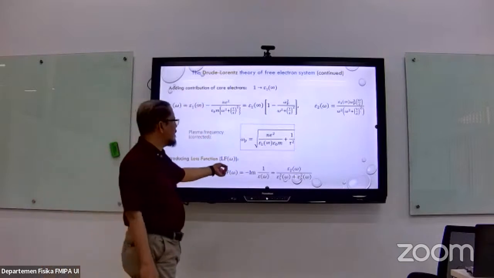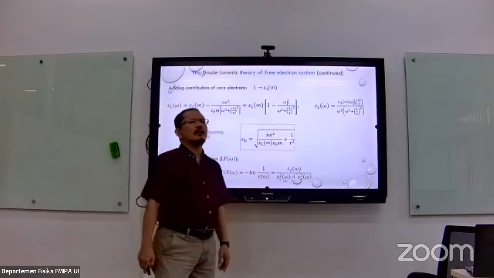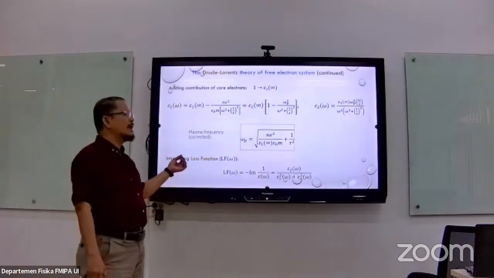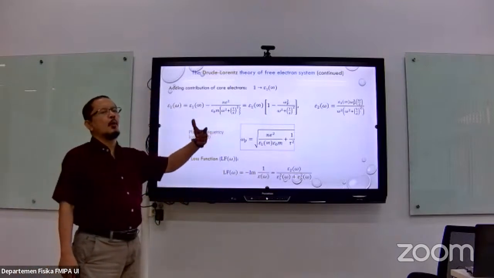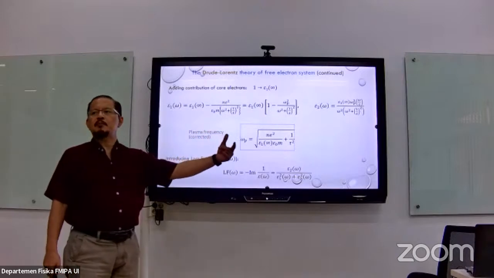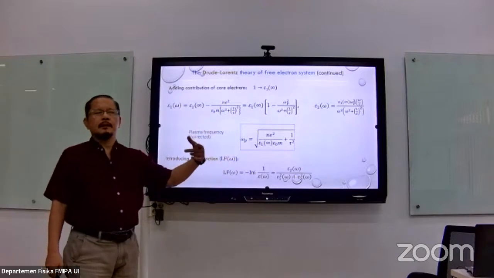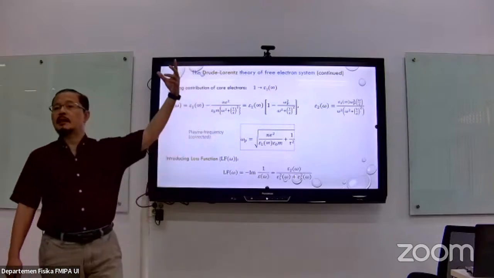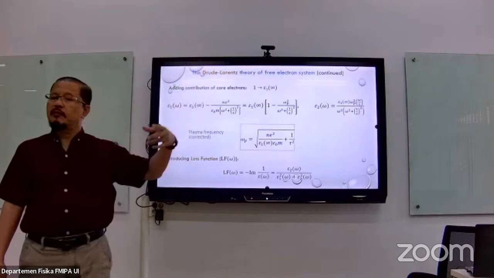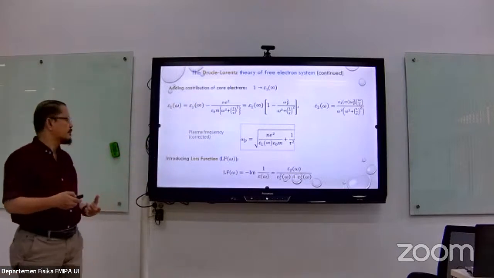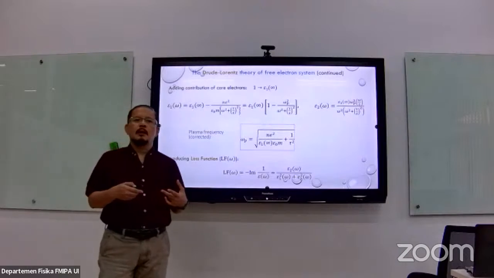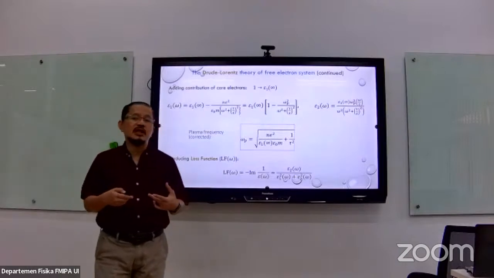This has the physical meaning of indicating when the electrons absorb energy the most from the electromagnetic wave to form a collective motion that we call plasma oscillation.